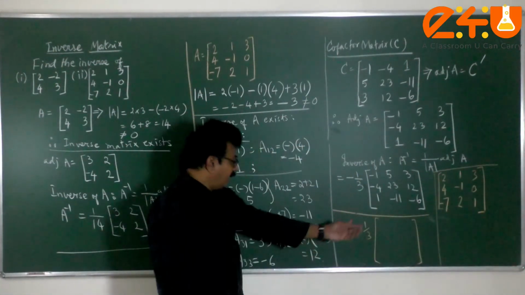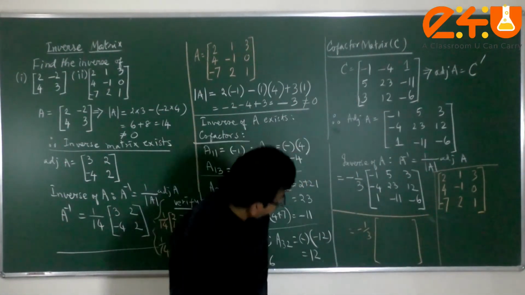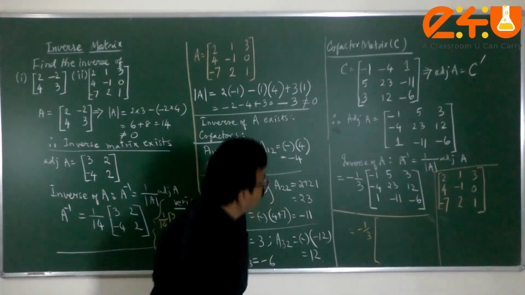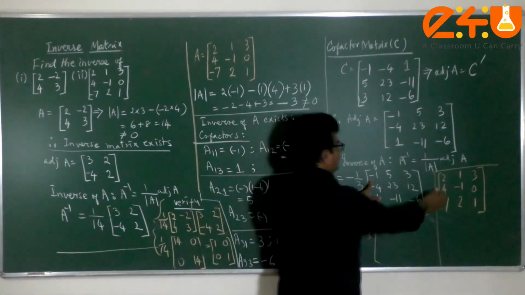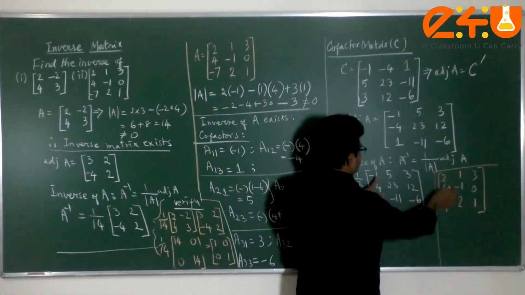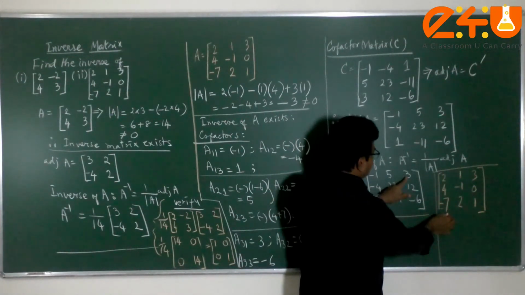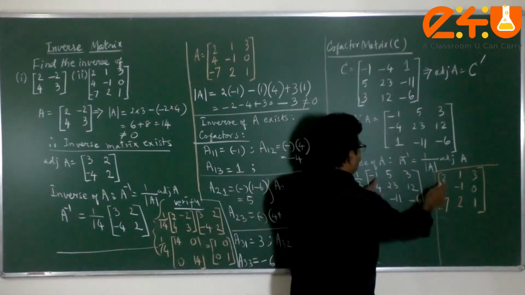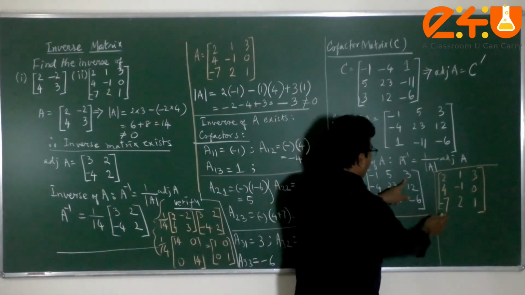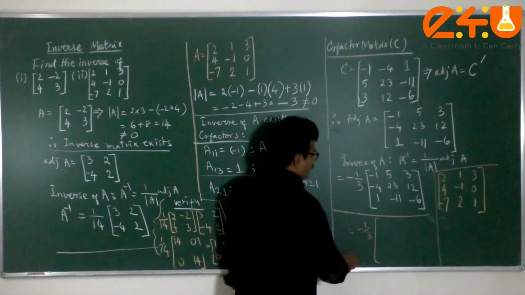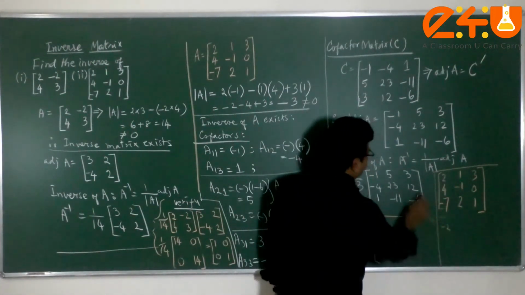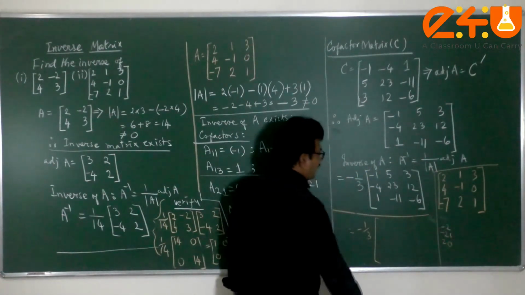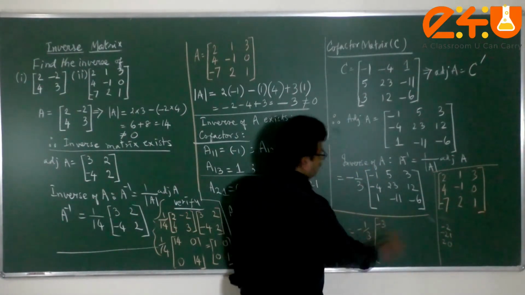We can go ahead. First row, first column, multiply the corresponding pairs. Minus 1 into 2, 5 into 4, 3 times negative 7. Minus 2, 20, minus 21. So, minus 2, minus 21 and positive 20 gives minus 3.